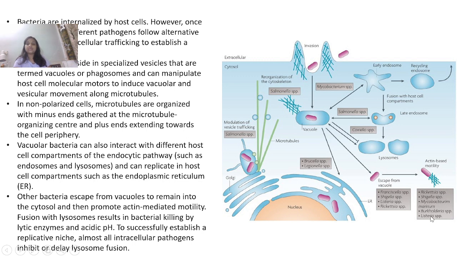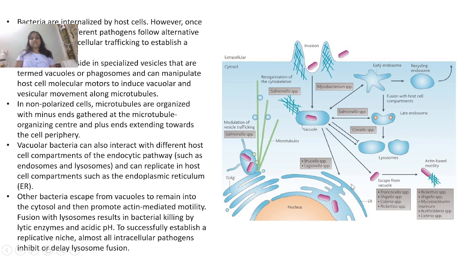Here it includes Listeria, Burkholderia, Mycobacterium marinum, Shigella, Rickettsia, etc. So you can see that different kinds of pathogens, different kinds of bacteria are using different kinds of mechanisms inside the host cell to survive.